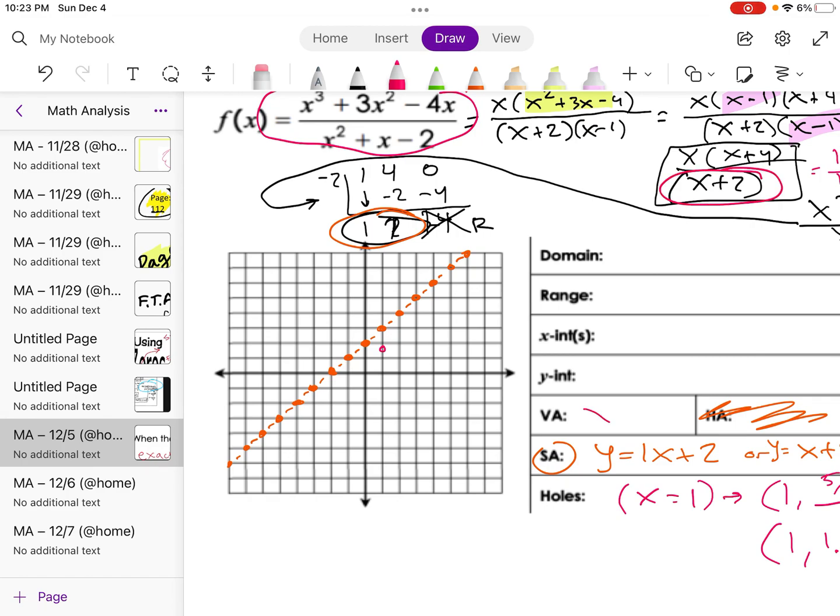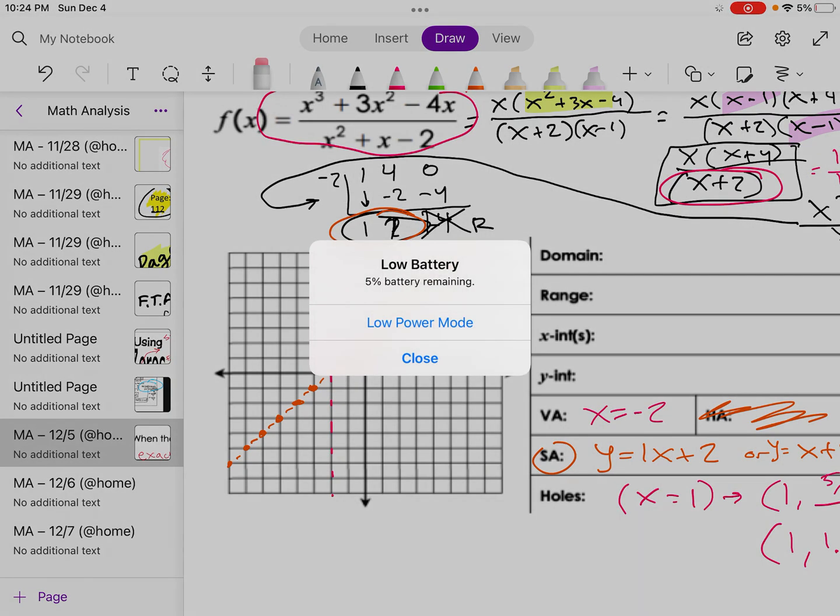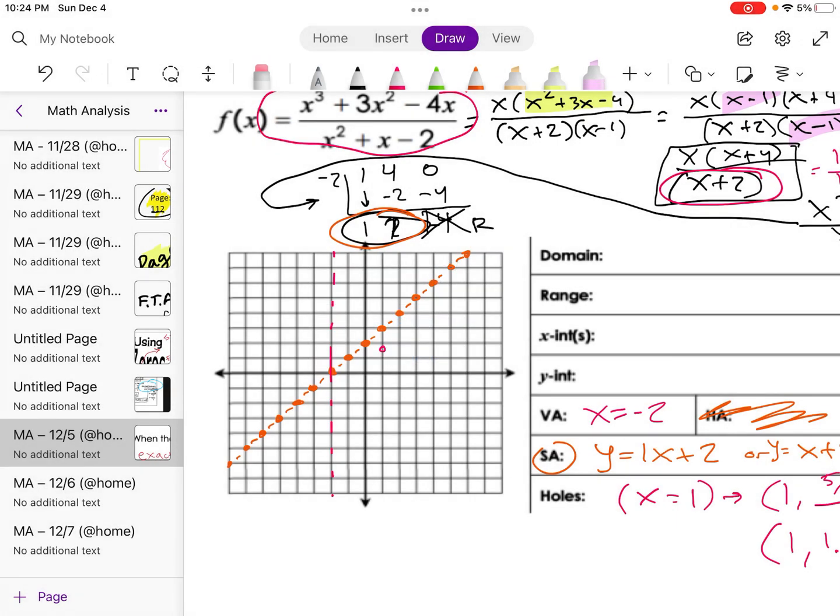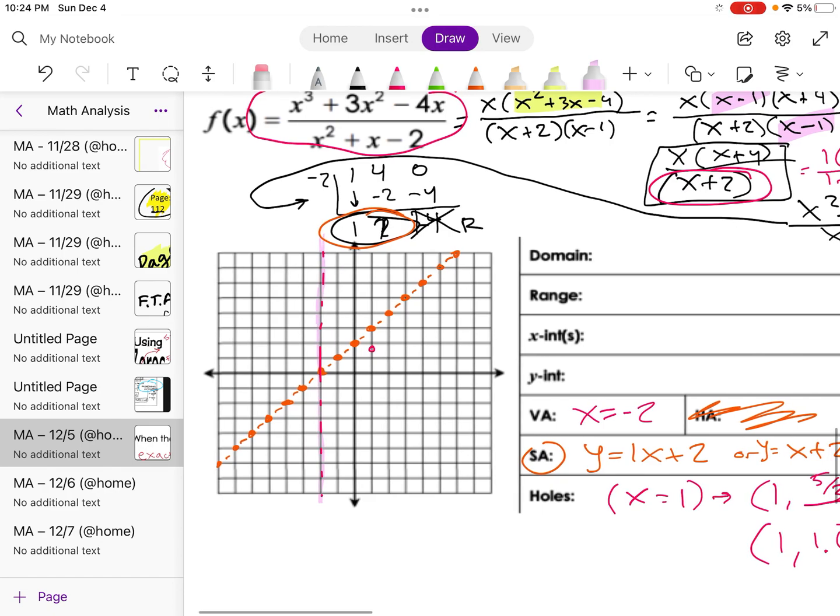I'm not going to have a horizontal asymptote, but I can look at the denominator and see that right here, I can't have x be negative 2, so I'm going to say at x equals negative 2, we have a vertical asymptote. I don't know if you guys can see that or not, but there's an asymptote going on right here.